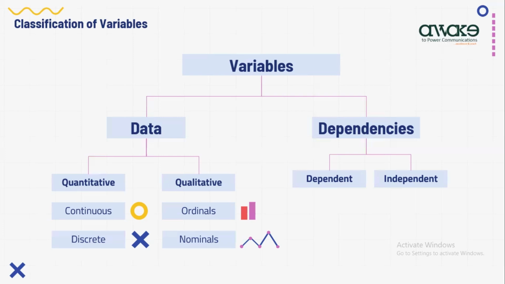For instance, your test score can be a dependent variable because it could change as a result of several factors: whether you're getting the right nutrition, the right amount of sleep, the right amount of rest, and so on.